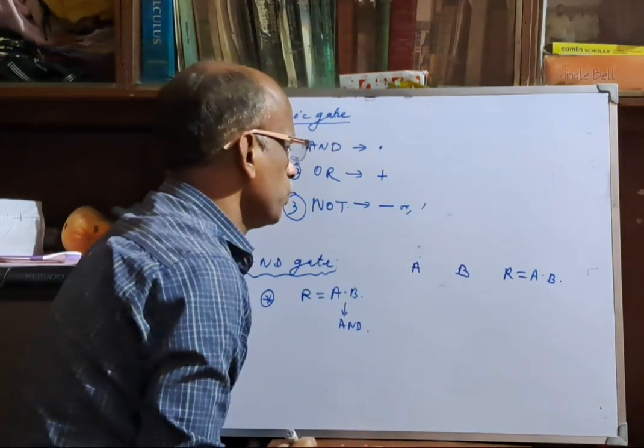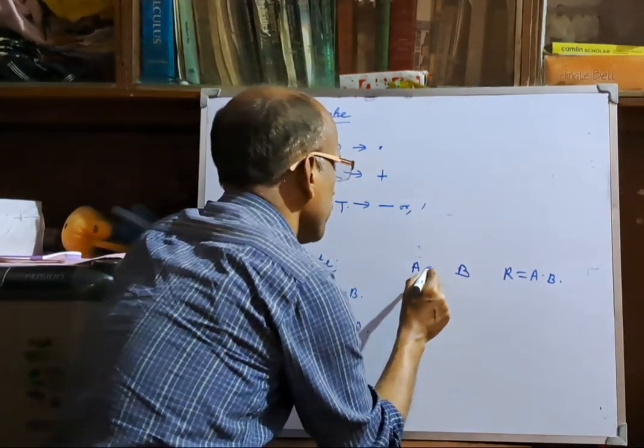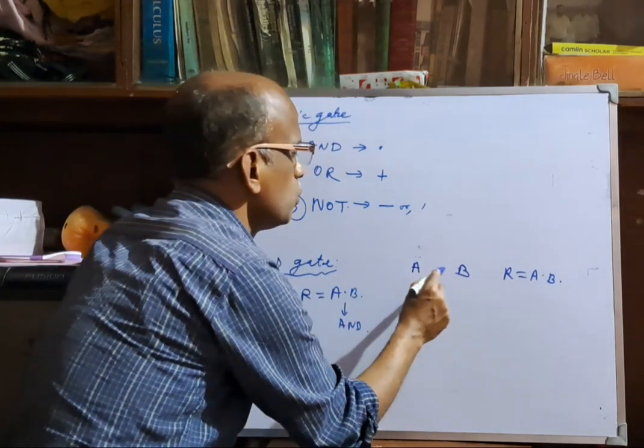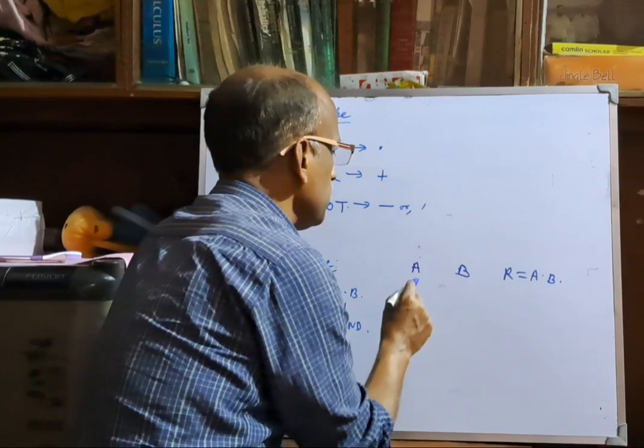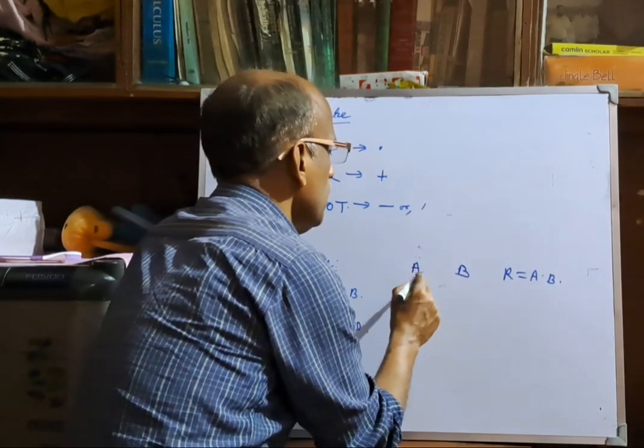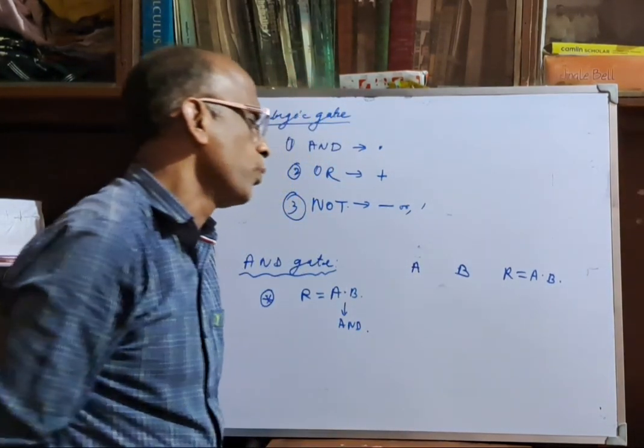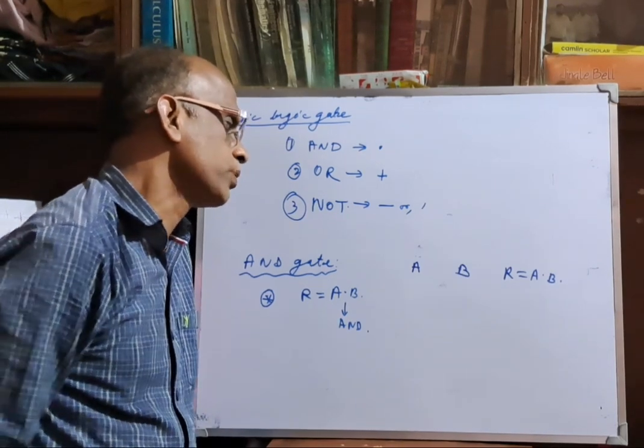Suppose there are two variables, so it is represented for two inputs.